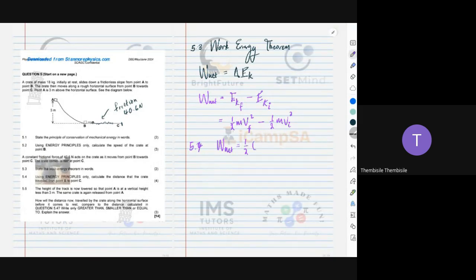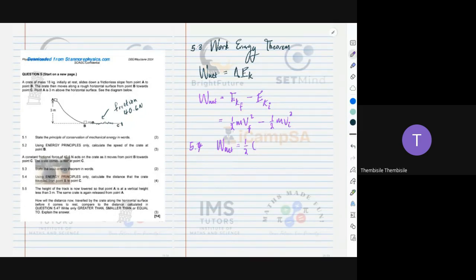So at most, you can see what they want. They ask you to state the principle or define something and then ask you about it, right? So now they're asking you about energy principles. So you can simply use this one, or you can go back to the mechanical energy and the work done by non-conservative forces and stuff, right?